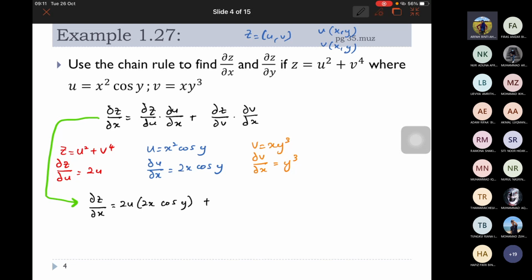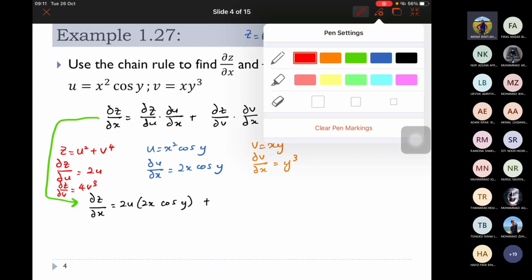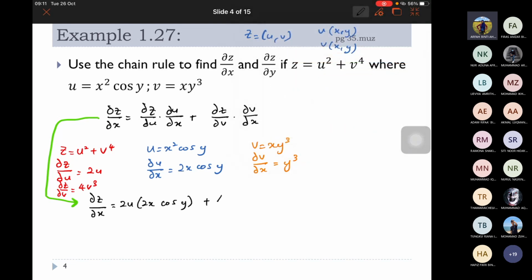Okay, kita tak cari lagi. Delta z over delta v akan sama dengan 4v kuasa 3. Okay. Equal to plus 4v kuasa 3 multiply with y kuasa 3.